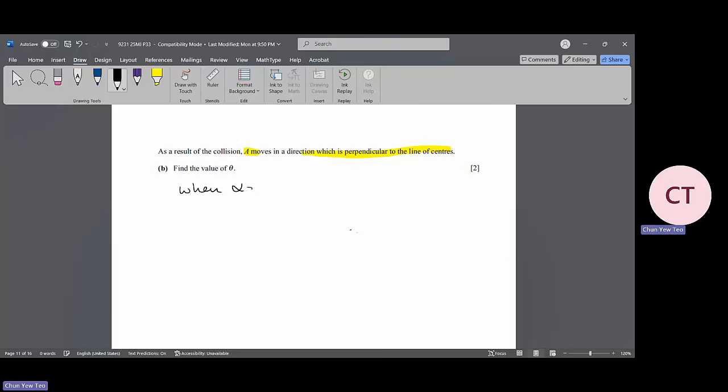We just say that when alpha is equal to 90 degrees, just now in the diagram, in part A, I made an assumption that after the collision the angle is alpha. So when alpha is equal to 90 degrees, from equation 1, you get VB sin theta is equal to u cos theta.